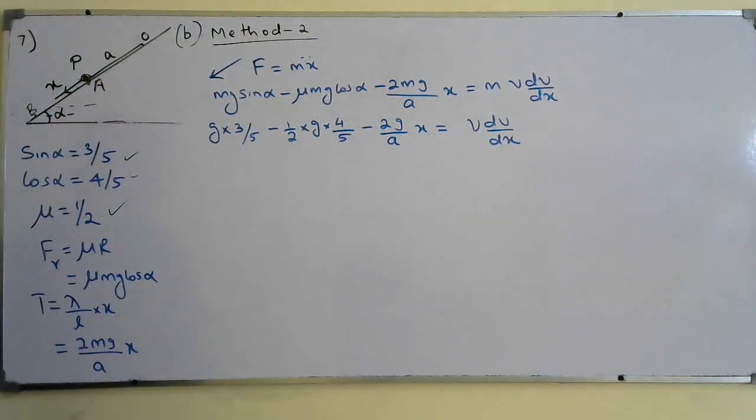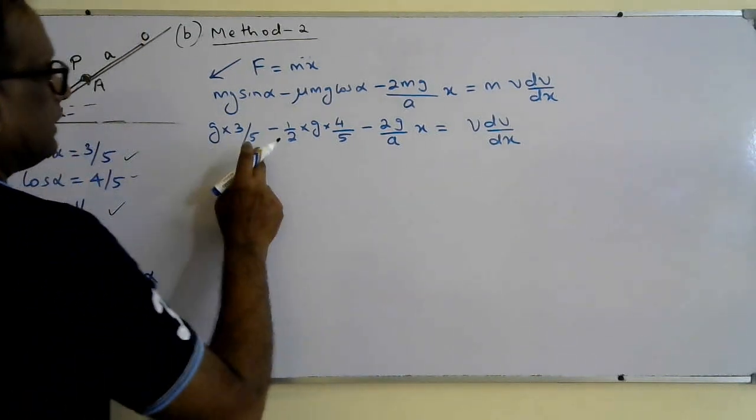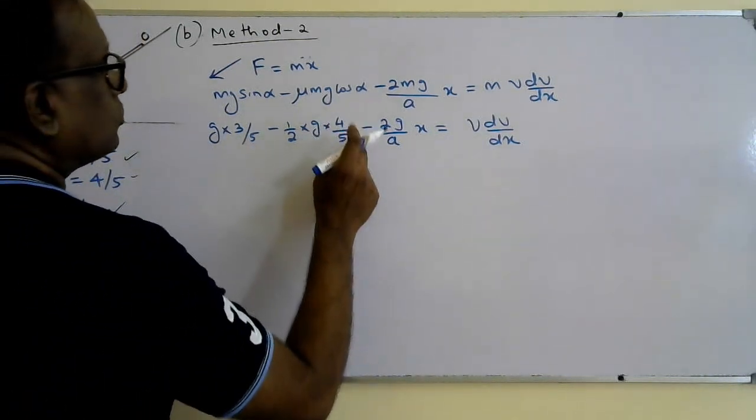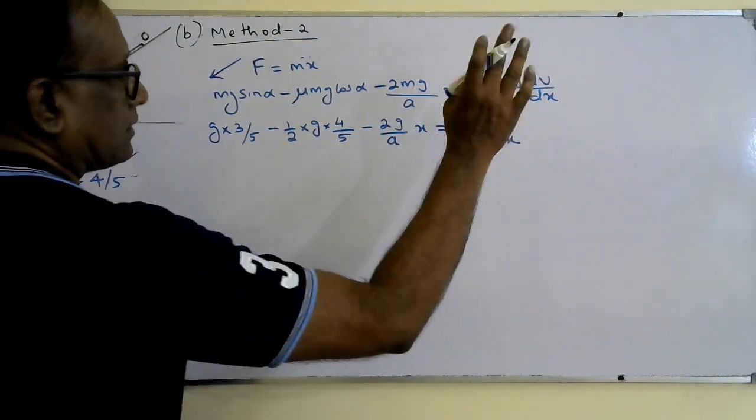Check it, is there any mistake? Okay, so that means 3g by 5, this is 2g by 5, minus this is again 2g of x over a, as we did here.